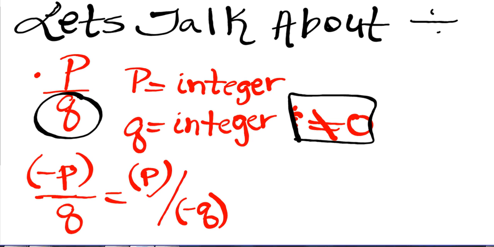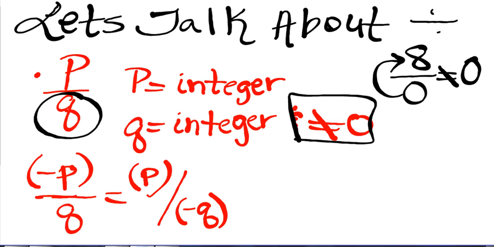So this is like saying if I have 8 divided by 0, we don't know how many times 0 can go into 8. Therefore, it's an undefined answer. This does not equal 0. Our answer is undefined. And you will read or see more about that when we get to 8th grade mathematics as well as higher level mathematics.